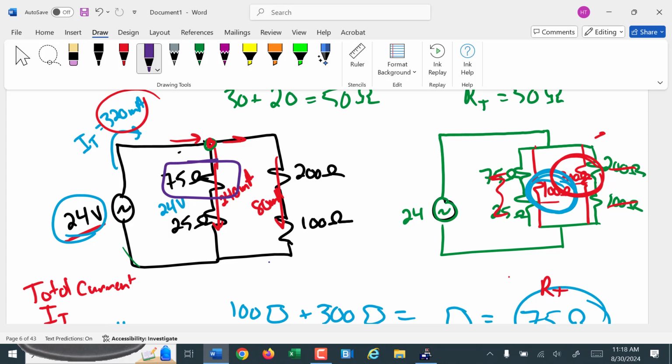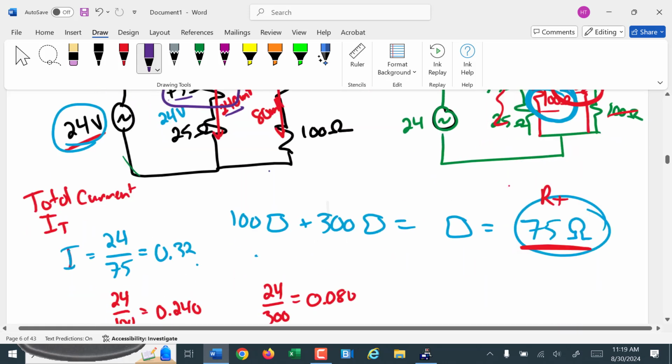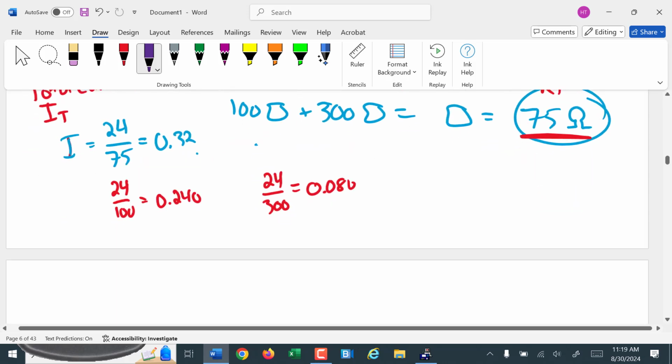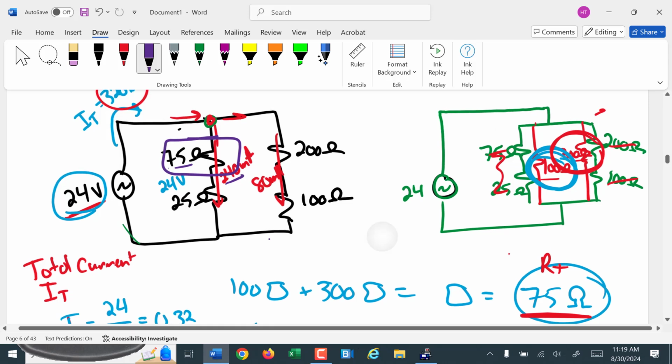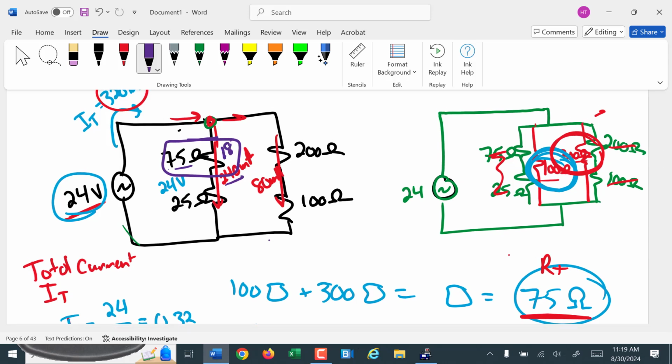Well, since we're having fun, sure. Let's do the voltage drop across each resistor. The voltage is current times resistance. So the voltage drop on that resistor is 0.240, that's the 240 milliamps, times the 75 ohm resistor is going to be what?